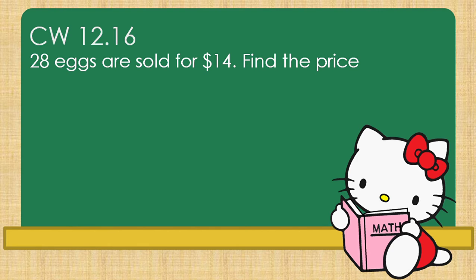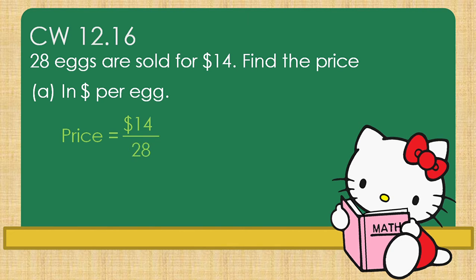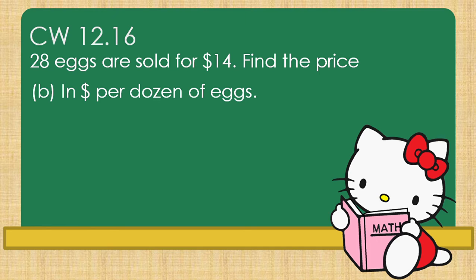Well, let's see. We use $14 to buy 28 eggs. We need to find the price of each egg. Actually, we should use $14 divided into 28 parts equally, so what we get is $0.5 each. How about part B?